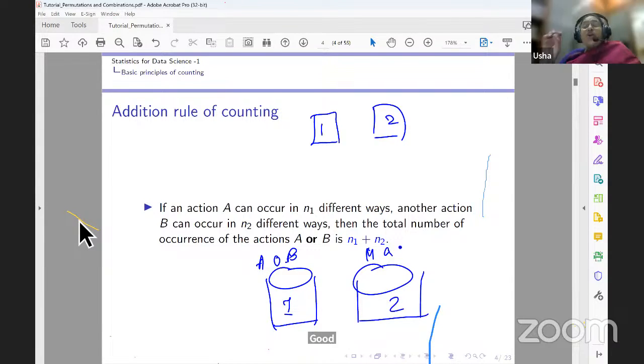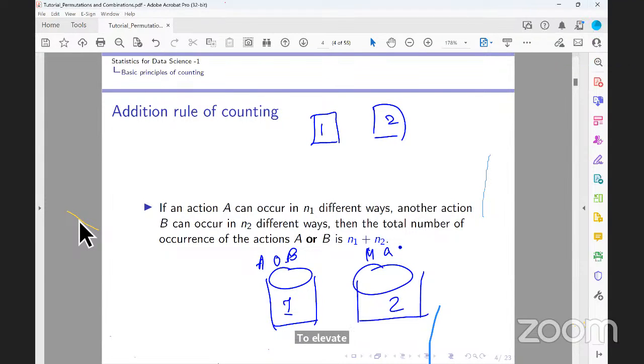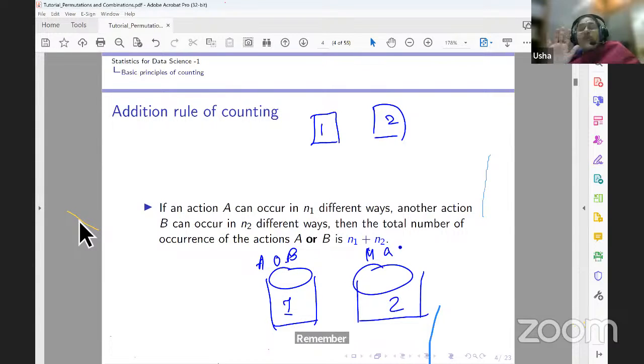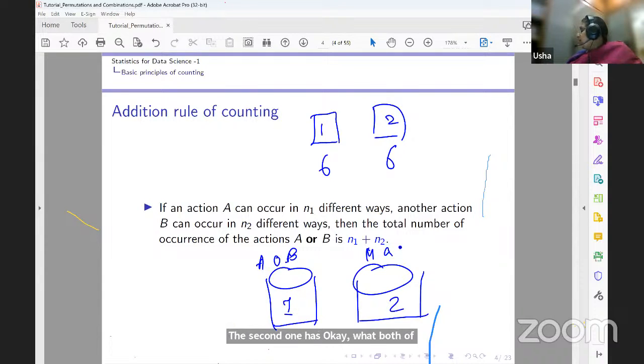I'm not rolling both the dice together. See, if I say roll both of them together, then the first die has 6 possible options, and the second one also has 6.